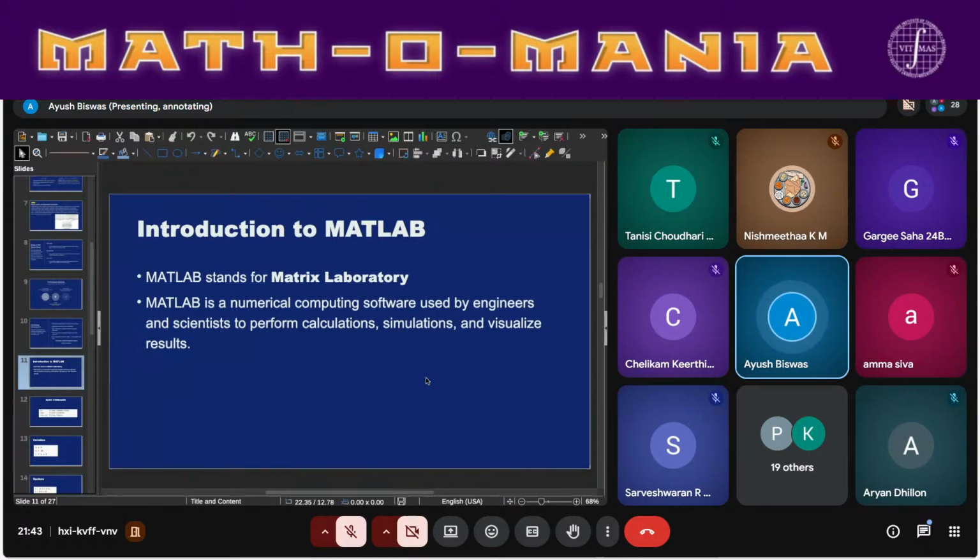The first one is clc, which clears the command window. Next is clear, which clears the variables. The third is close all, which closes the figures we have plotted before. Now let us go to the MATLAB platform and take a look at these basic commands.